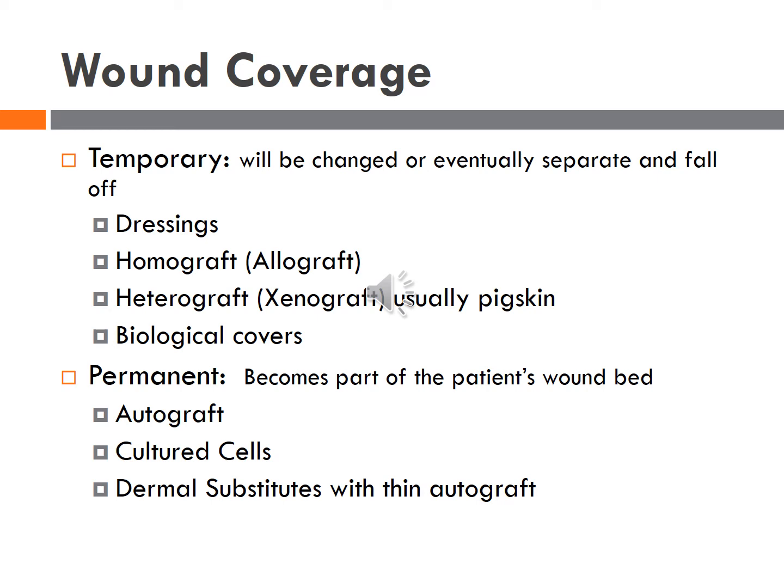So specific dressings, a homograft, a heterograft, or biological covers are often used. A permanent wound coverage becomes part of the patient's wound bed. So this would be an autograft, so skin from somewhere else on the patient, cultured cells, or dermal substitutes with a thin autograft.